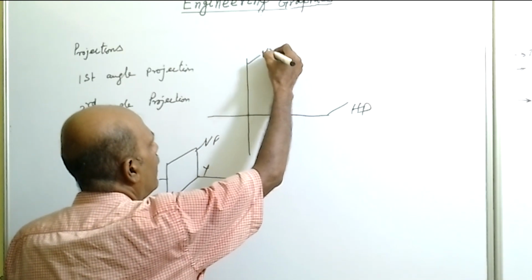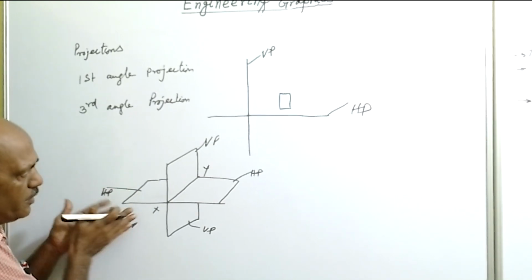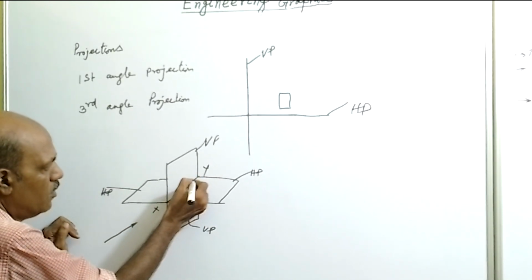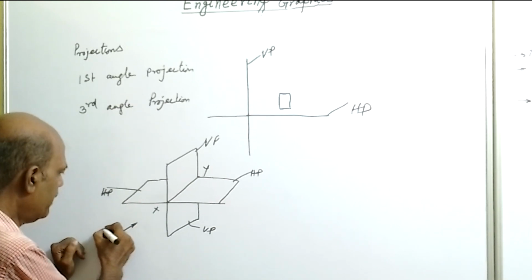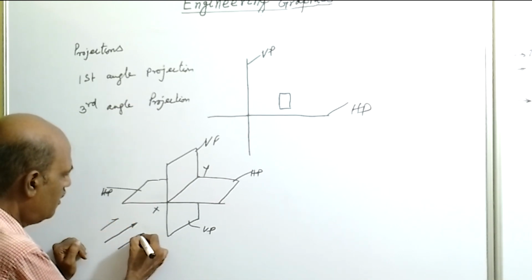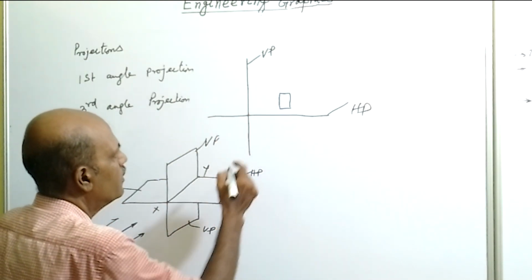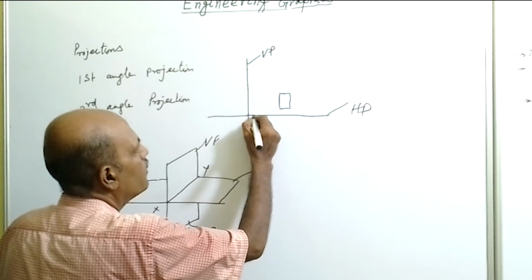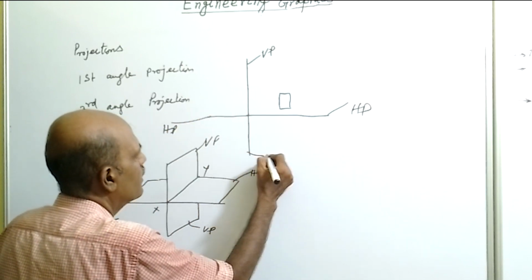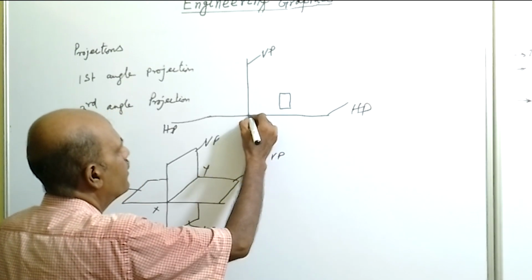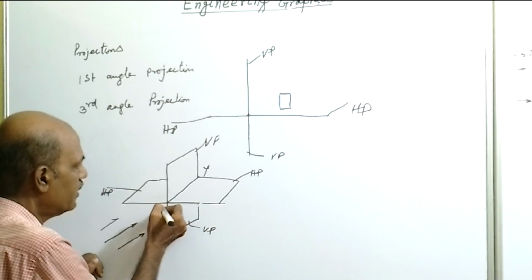So from this direction, at an angle of 90 degrees, or parallel to the XY line, if the beam of light is falling parallel to XY, then we can see this one as the HP, and this is also the VP. And this point indicates this line, that is the XY line.